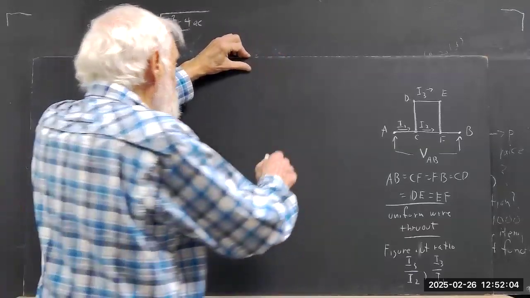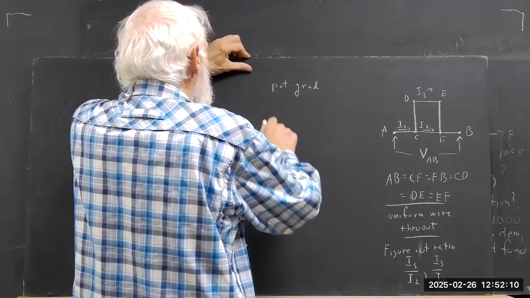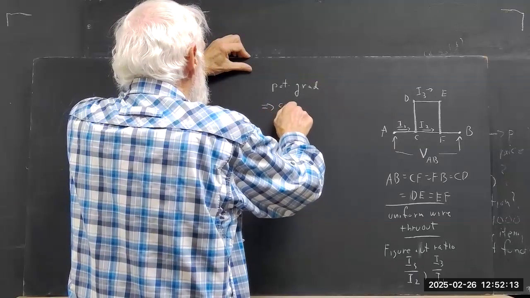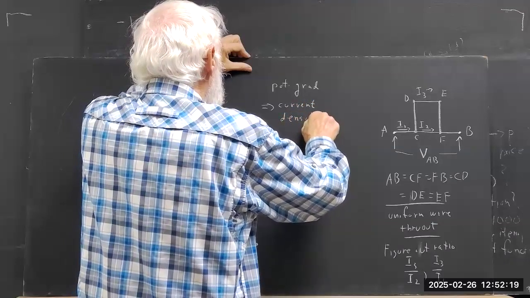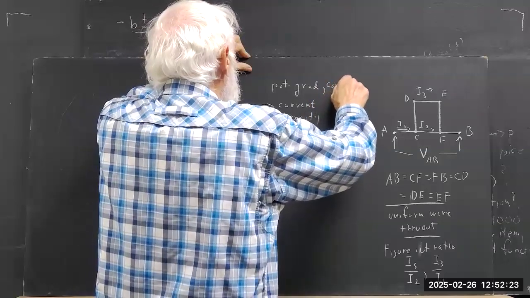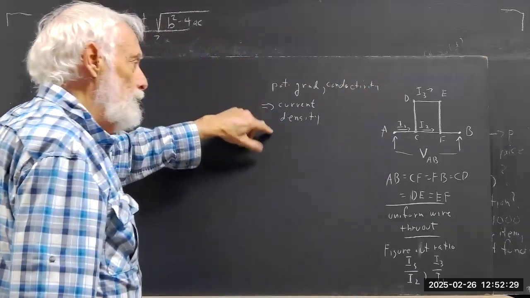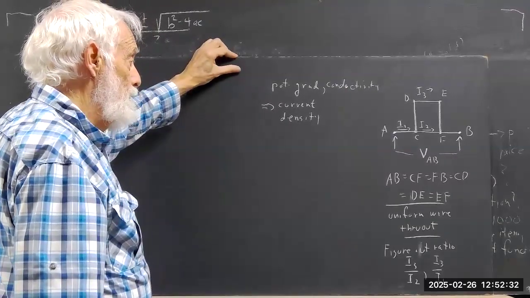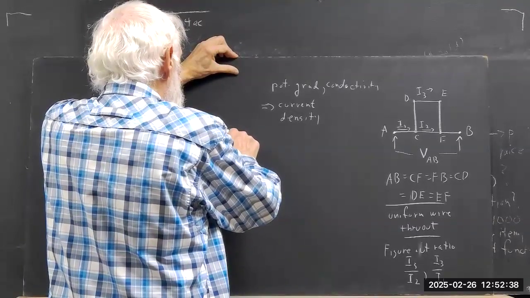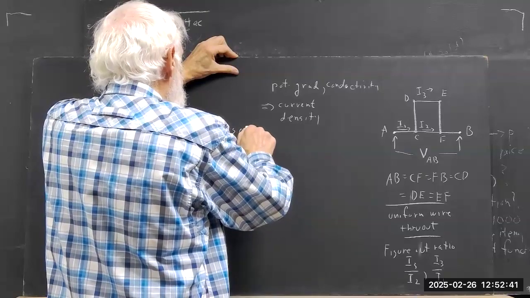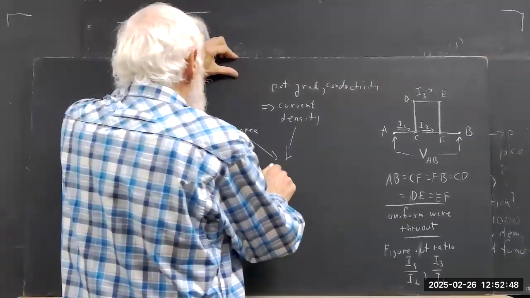All right. So what we know about is a gradient and conductivity give you the current density, and density with cross-sectional area gives you current.